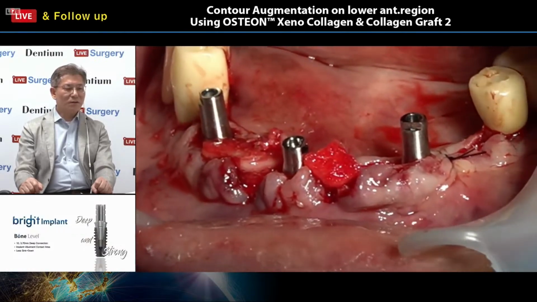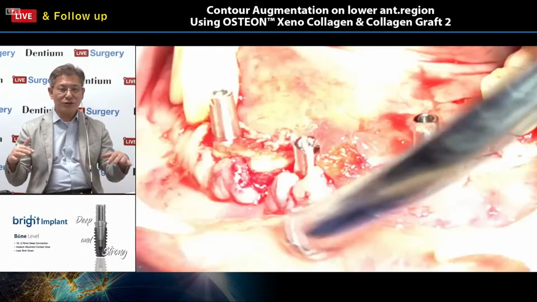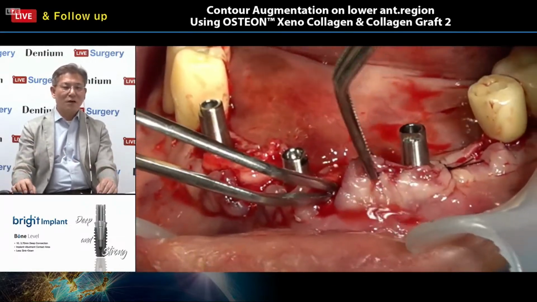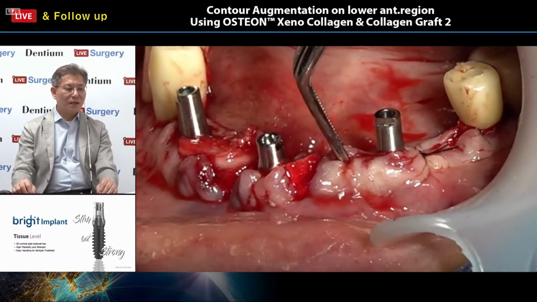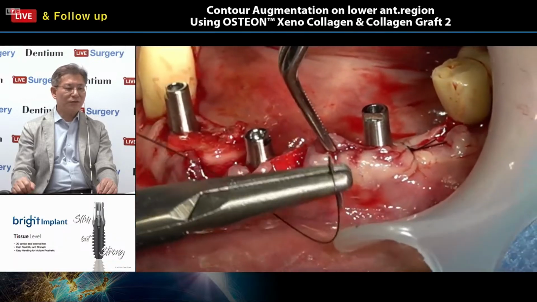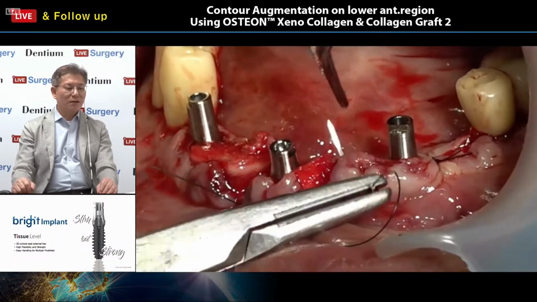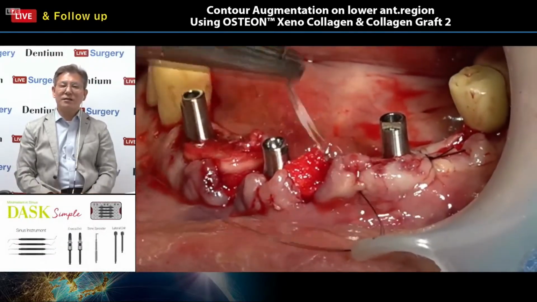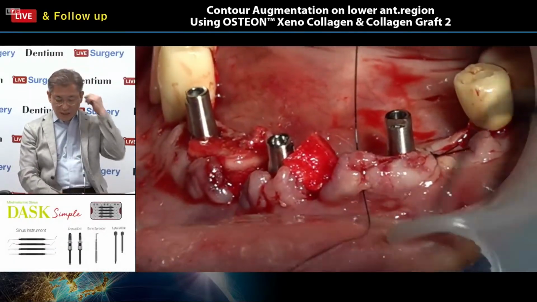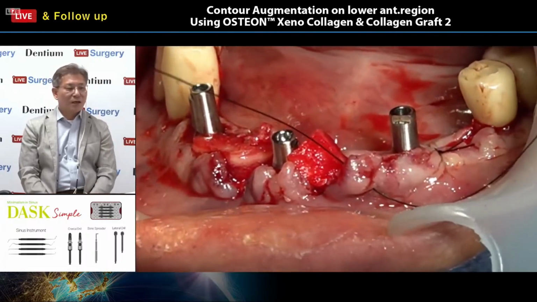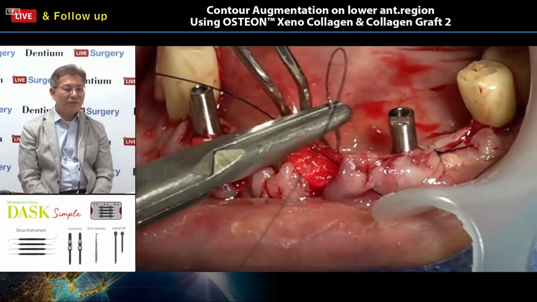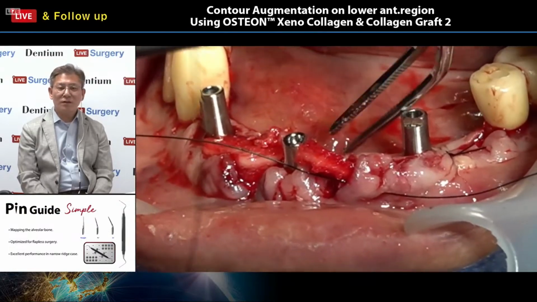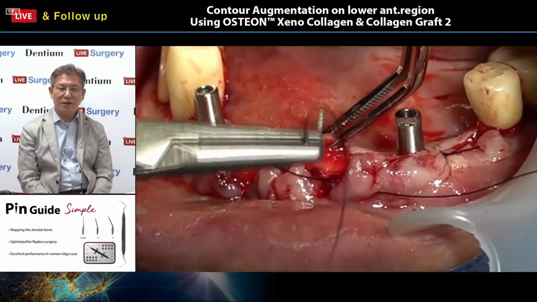So the whole ridge contour is preserved by using osteogenocollagen and this collagen graft. Basically, this collagen graft has versatile usage. For me, I prefer to use this collagen graft on the socket area, right?